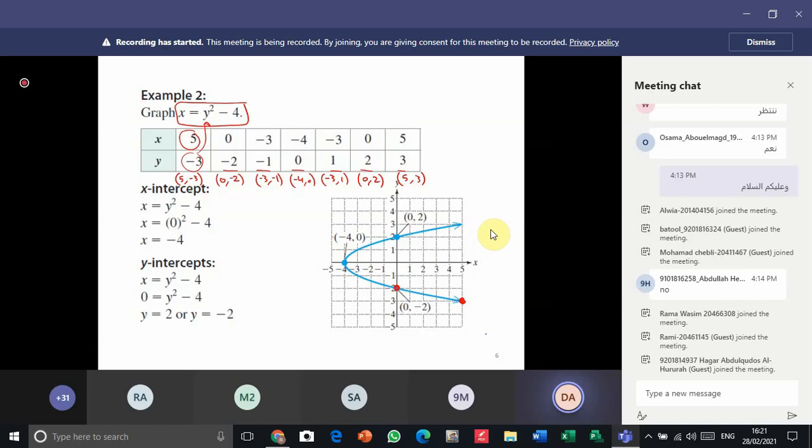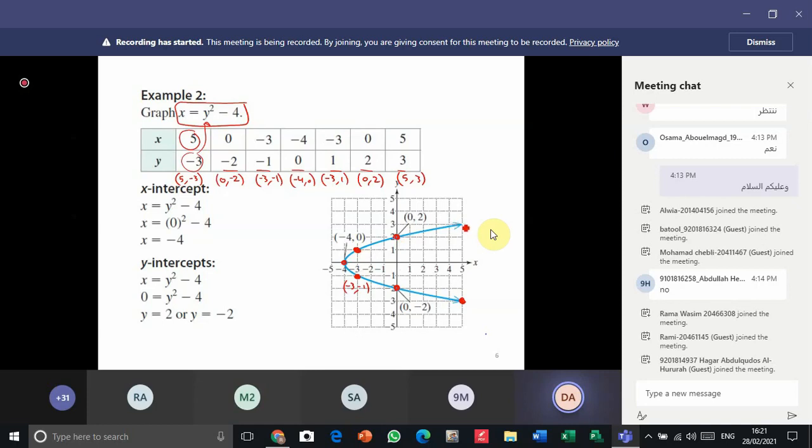Negative 3, negative 1, this one. Negative 4, 0, this one. And negative 3, 1. This is not a function, this is an equation or relation. 0, 2.